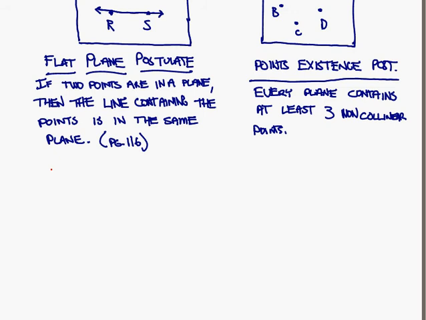So number 3, they're saying that P lies in a plane B. The line containing P and Q must lie in plane B. And you know that's going to be false. Okay, so let's draw the sketch. So that's false, first of all, and I'll show you why.